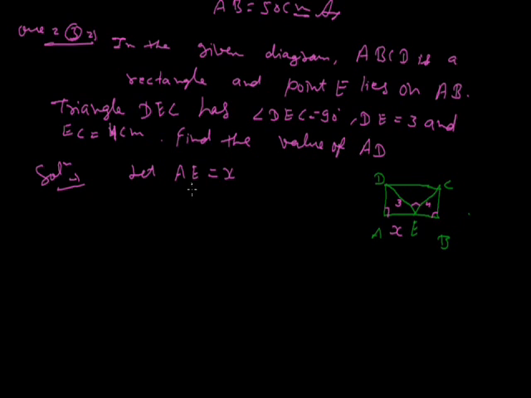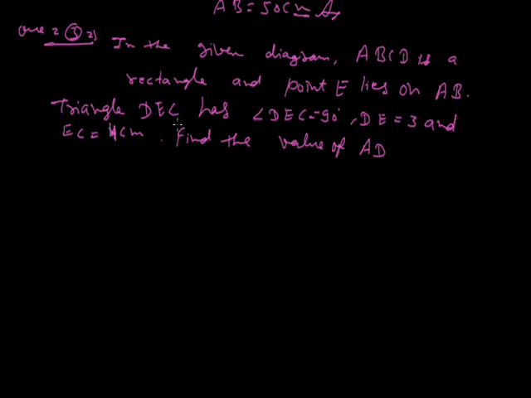It is not given in the question that AB is 5 centimeters, but now we are going to start the question. This is the given, so this is the solution.